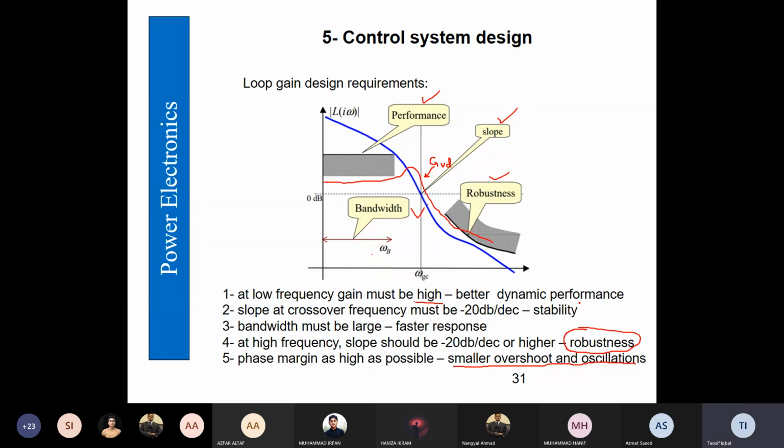If the output voltage reaches the next reference voltage in a very short period of time and with better accuracy, that means our controller has better dynamic performance.